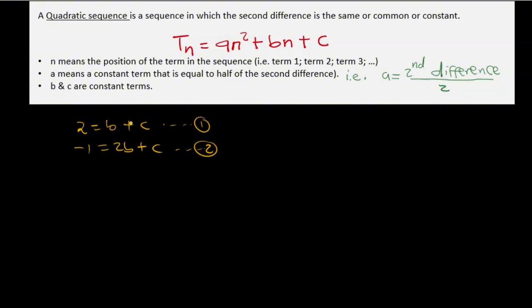Given what I want to do with these equations, these two signs must be the same, and these two variables must also be exactly the same. So I'm going to say equation 2 minus equation 1.